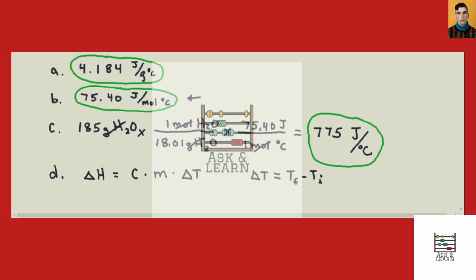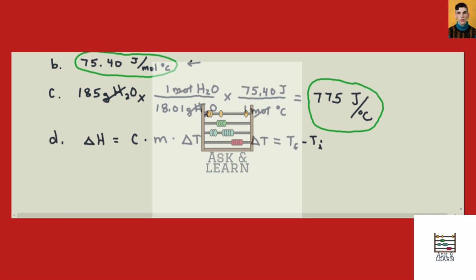Okay, let's go ahead and plug in our values here. So the specific heat of water we found in part A, it is 4.184 joules per gram degree Celsius. The mass, we are given 10 kilograms.